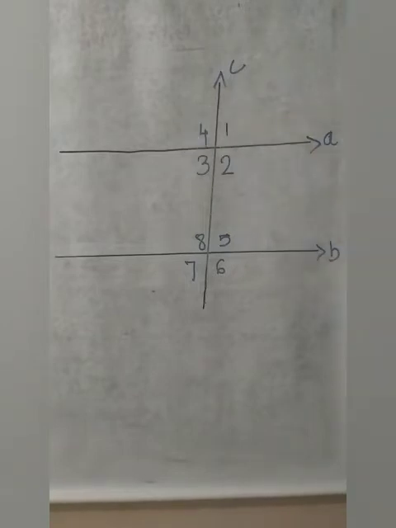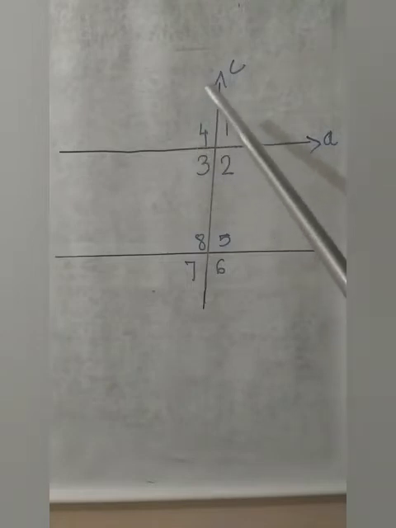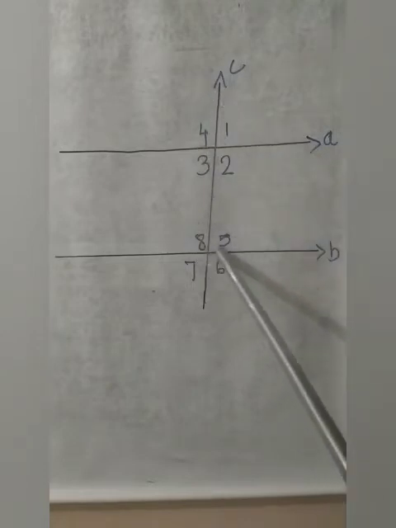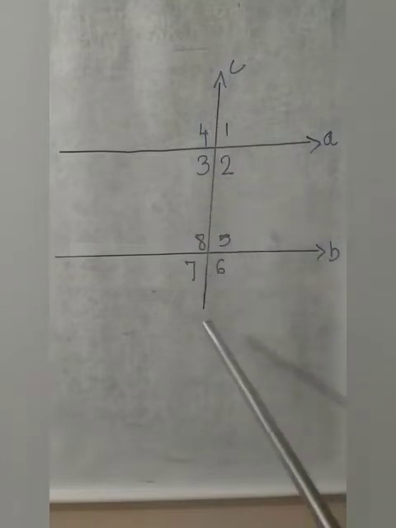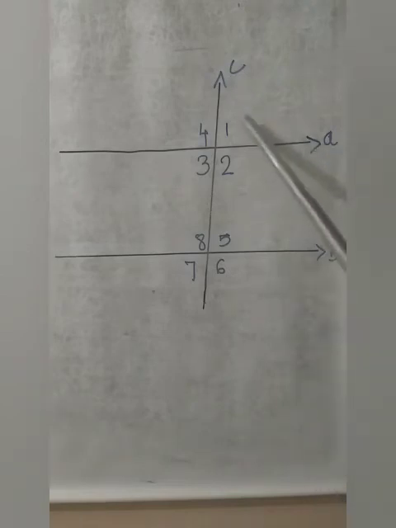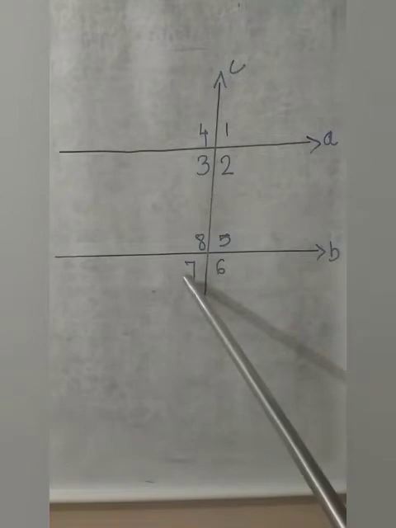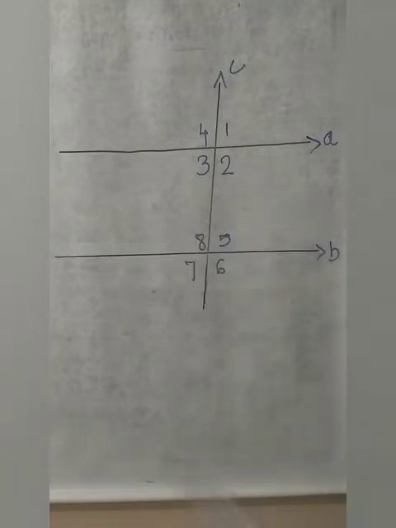Carefully look at the figure and say which is the corresponding pair of 4. Yes, very good, 8. So the first pair is 4 and 8, corresponding angles. Then the second pair, 1 and 5. Then 3 and 7, 2 and 6.